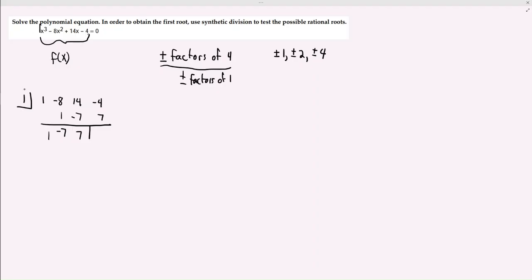So 1 is not going to do it for us. Let's move on to a negative 1. It's not going to do it either. Let's move on to our 2's.